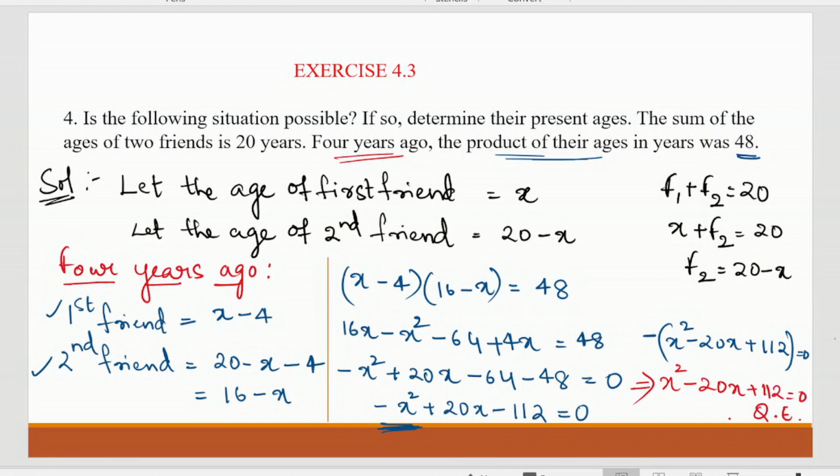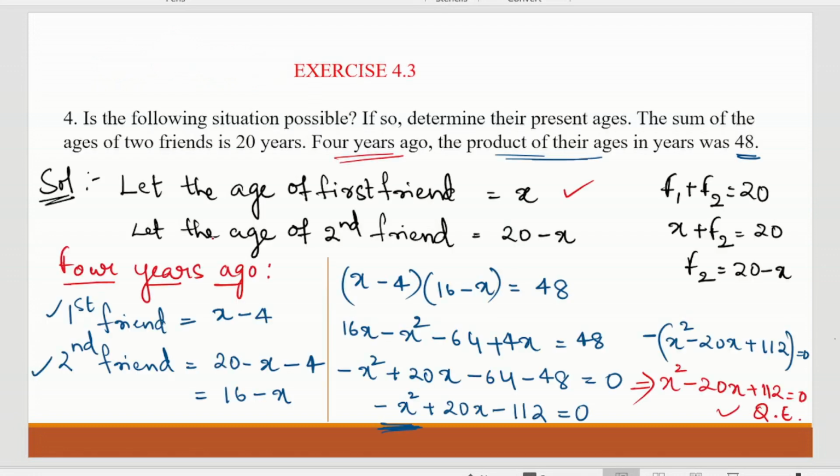So this is the quadratic equation which we have got. From this quadratic equation, we will find the value of X. For that, we need to find the discriminant value. So the equation that we have got is X square minus 20X plus 112 equals 0, right?